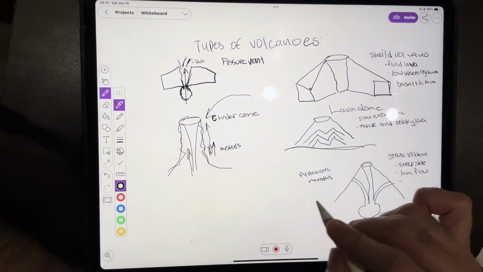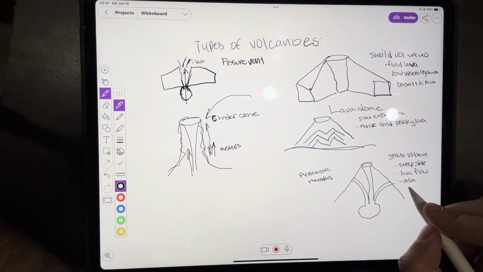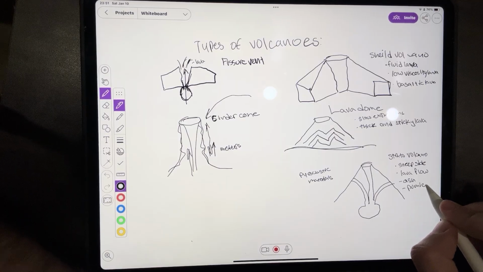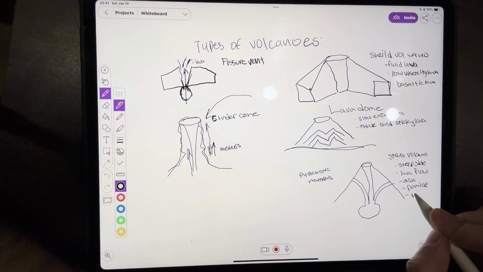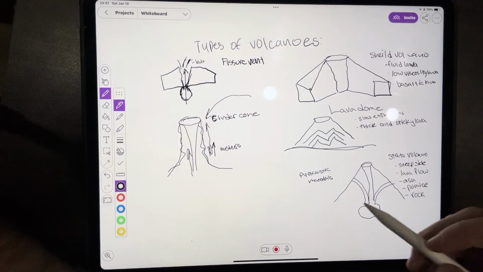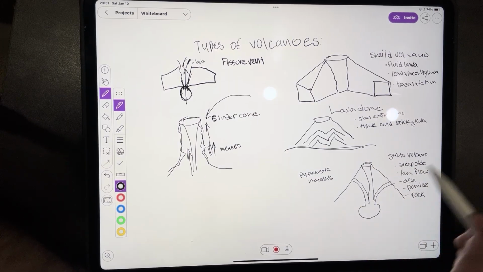Their materials include ash, they include pumice, and they include debris from rock. So basically all these materials just come out and then they create this stratovolcano.